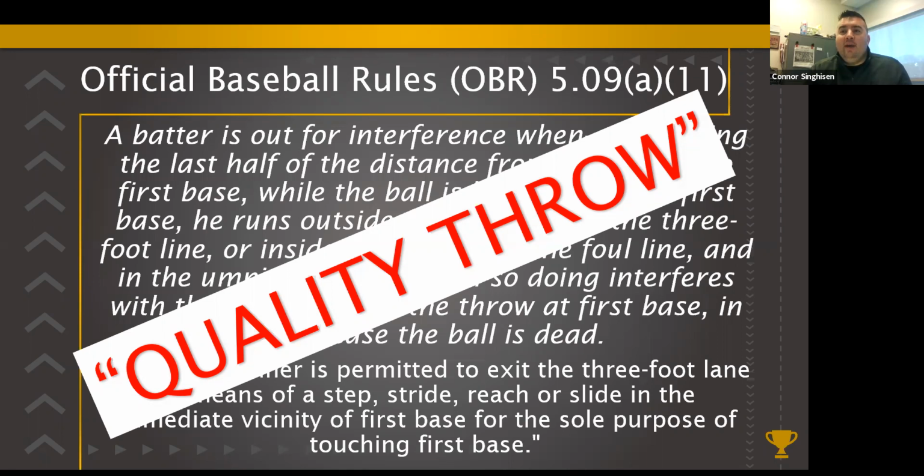Now, keep in mind that depending on what level you're working, what is a throw that could still reasonably retire the runner is going to change. I'm not going to hold the same threshold for an amateur or Legion or NCAA game that I'm going to hold for a professional baseball game, because those throws are completely different and the athletes are at different skill levels.